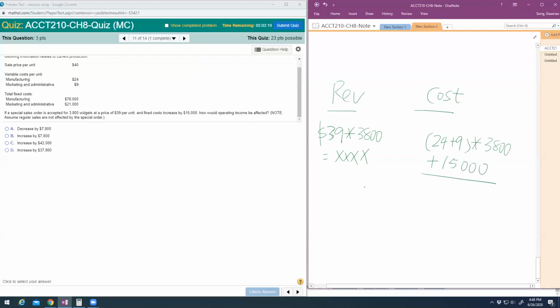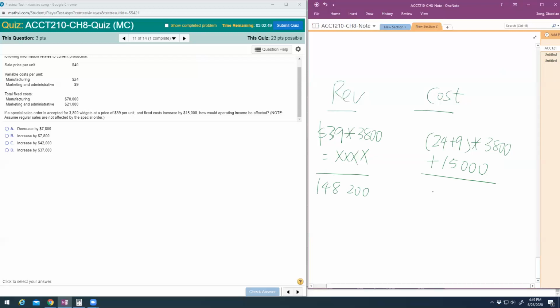But I'm just curious. Let me do the numbers using my phone. Give me 1 second. 39 times 3,800, we get our revenue is 148,200. And then our relevant cost is 24 plus 9 times 3,800 plus 15,000.